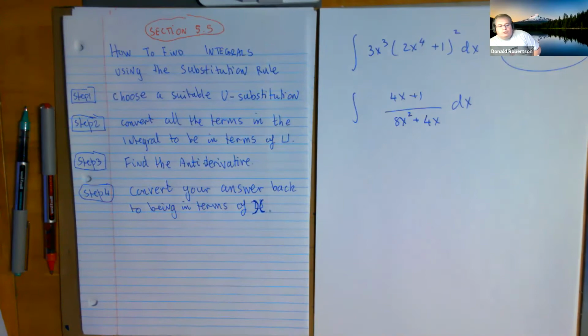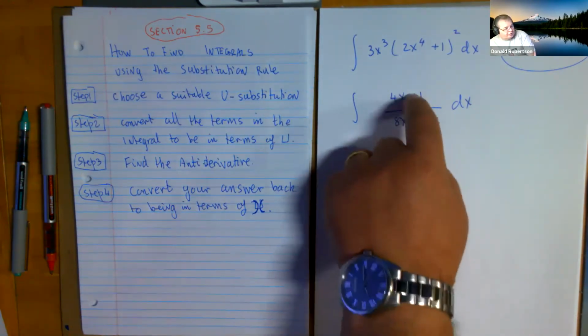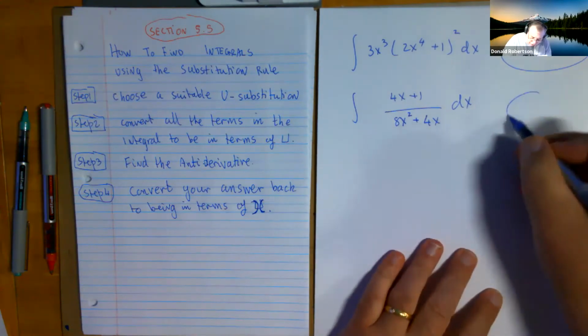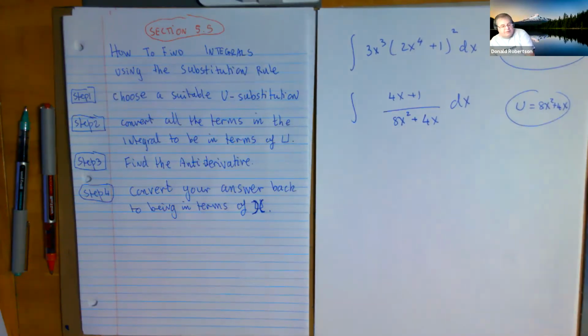When you get a U sub that is the form of a fraction, like say something like this, choose as your U sub, at least as a candidate, the guy in the bottom.